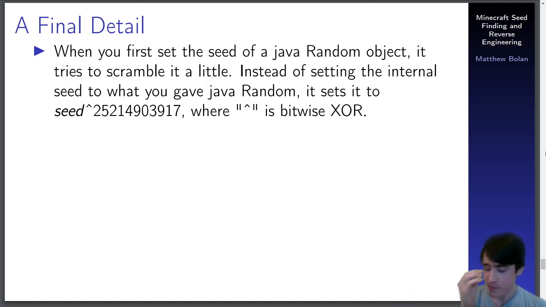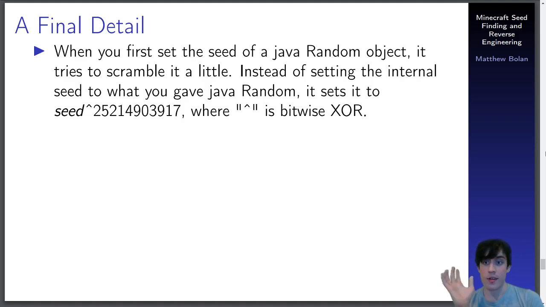That's very weird. So the Java developers, to stop you from trying something silly like that, add this initial scramble where they do what's called a bitwise XOR with the number that you give JavaRandom, or in this case Minecraft gives JavaRandom. Java is going to XOR the number that you give with the multiplier for the LCG.